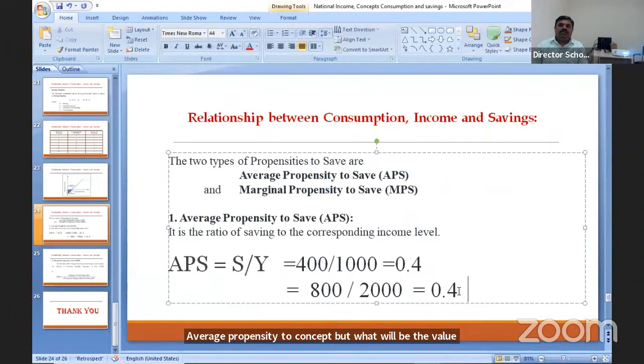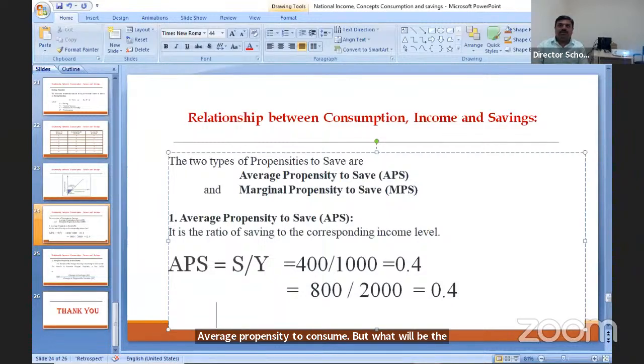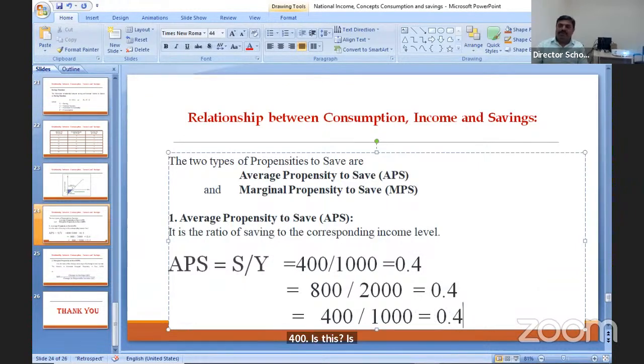Here, the change in income is 1000 rupees and the change in savings is 400. Then the value of MPS will be 0.4.